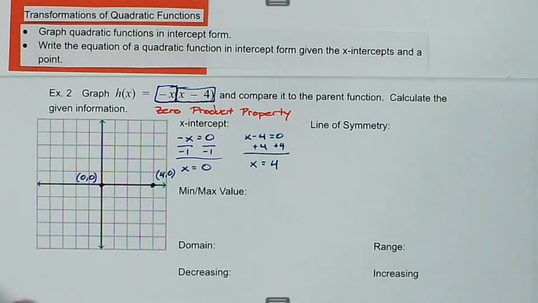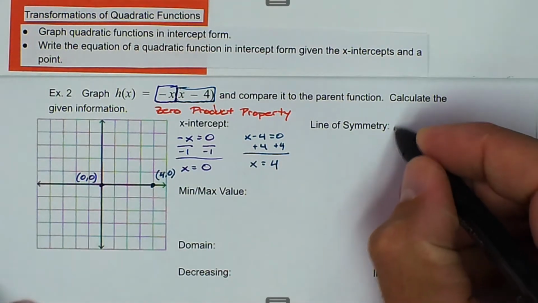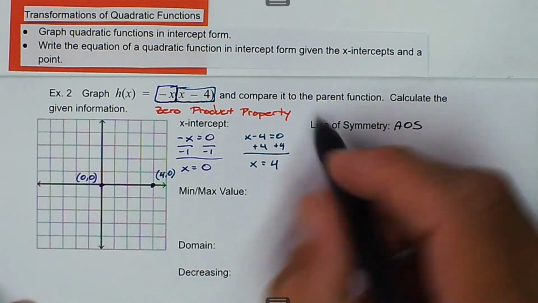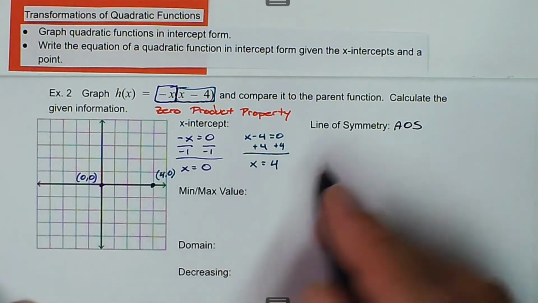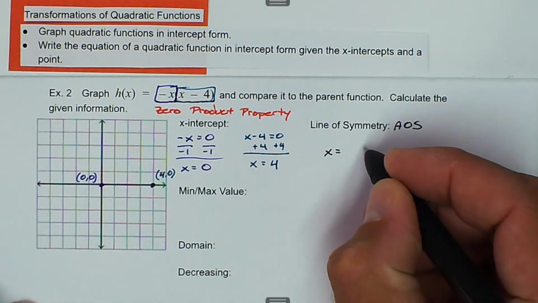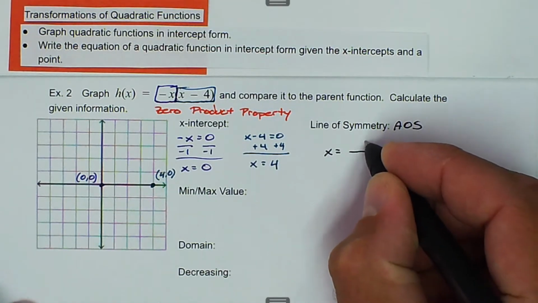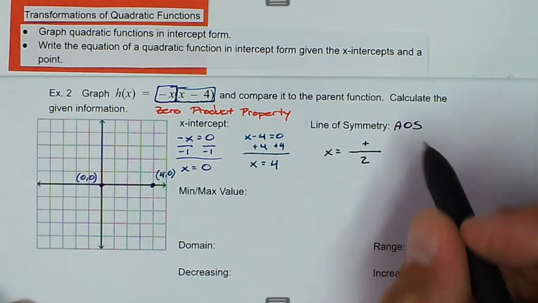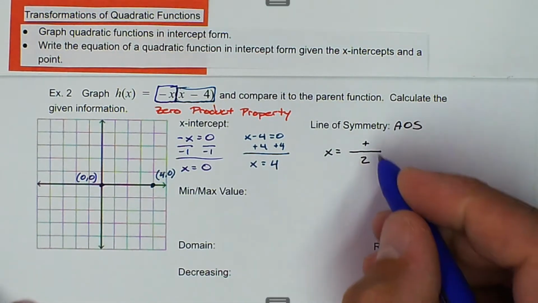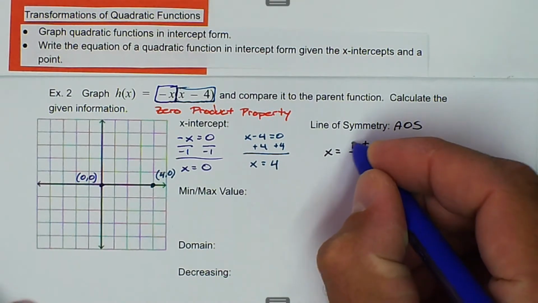Next, we can calculate the axis of symmetry, or the line of symmetry. We want to use our equation, and the equation that we know when we're given our intercepts is x equals p plus q divided by 2. We're calculating the average, so we use addition, and there are 2 points, so we divide by 2.